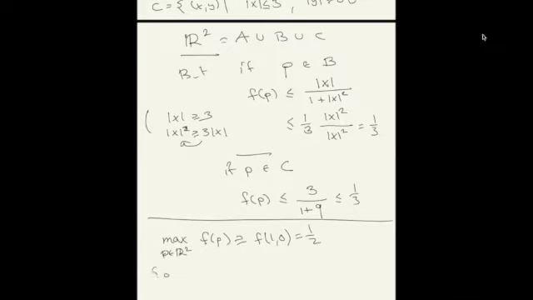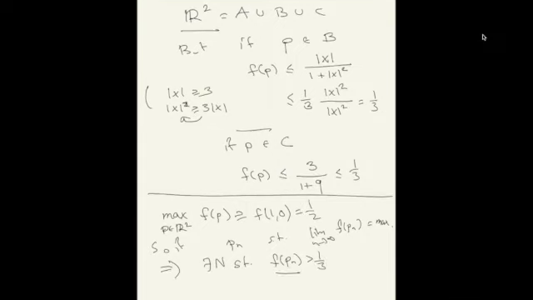So if Pn are such that the limit as n goes to infinity of f of Pn is equal to the maximum or supremum, then there exists an n such that f of Pn will be bigger than 1/3, because the maximum is 1/2 and 1/3 is strictly less than that.